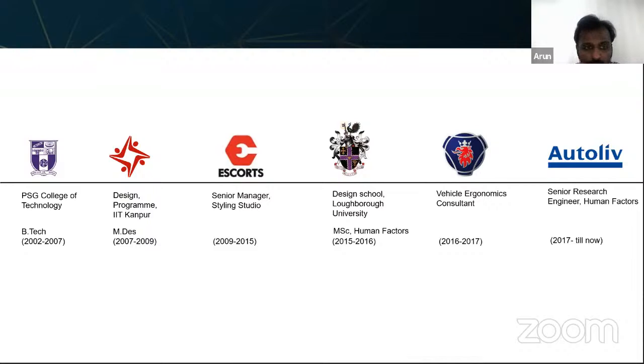A bit about the background: I started as a mechanical engineer, learning all the theoretical concepts in engineering, and then had a passion towards design. So I pursued a design program at IIT Kanpur from 2007 to 2009.